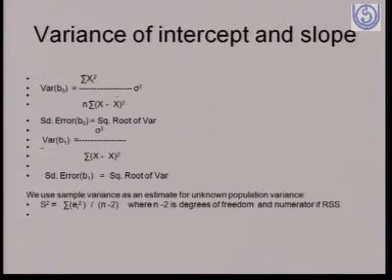Similarly, variance of the slope parameter b1 turns out to be sigma square divided by sigma x minus x bar whole square. And its standard error will be the square root of the variance noted above.